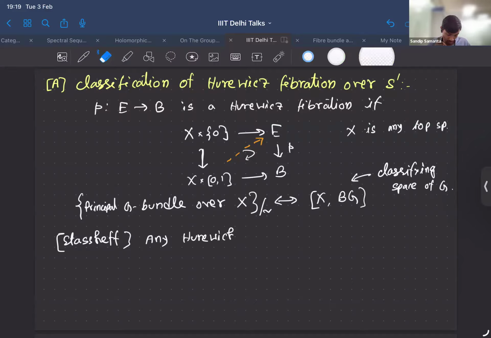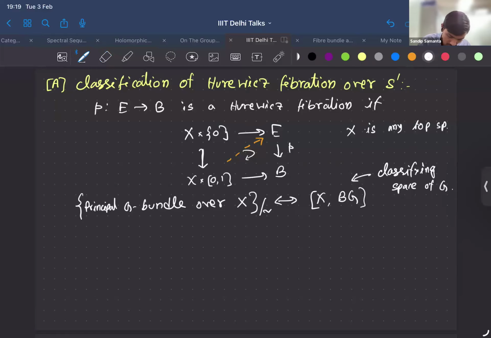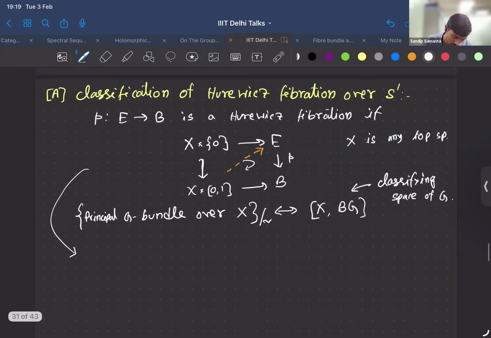Maybe before just saying that, what does this tilde mean? For principal G bundle, there is a notion of isomorphic bundle. So what is the isomorphism notion for Hurewicz fibration? Let's say I have fibrations over the same base space.